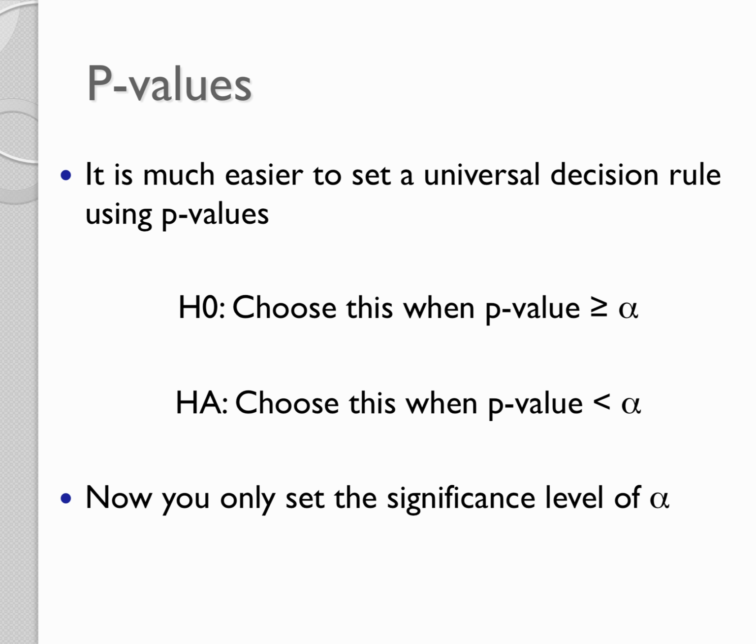For our p-values, we're going to choose the null hypothesis when we have a large p-value, if it's bigger than alpha. Or we're going to choose the alternative hypothesis when we have a small p-value that is less than alpha. So now we only need to set the significance level of alpha.